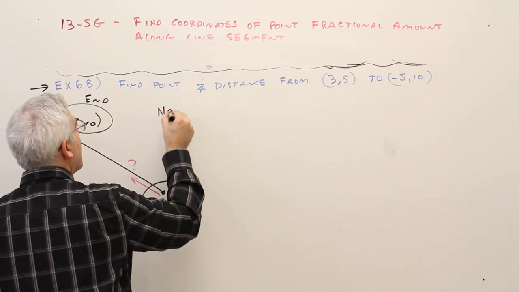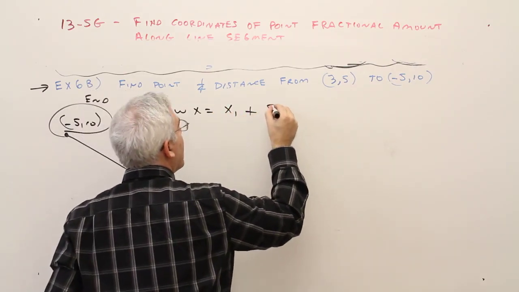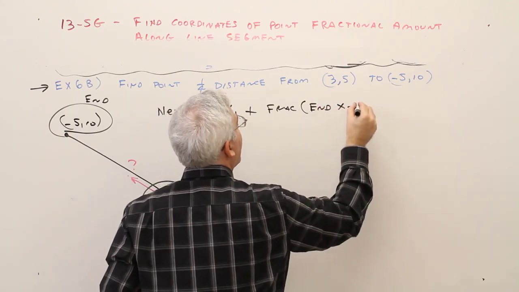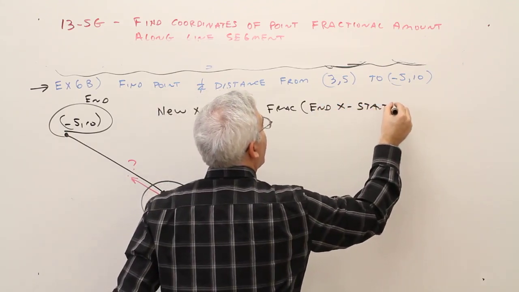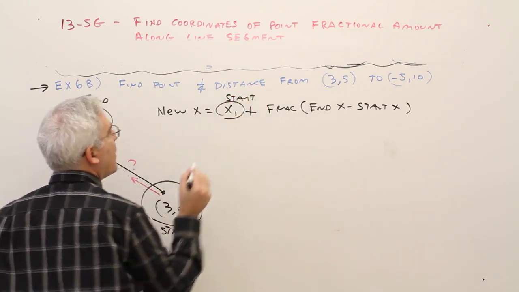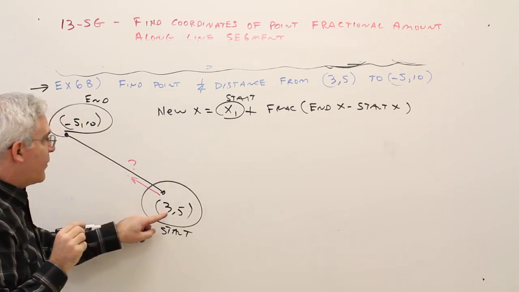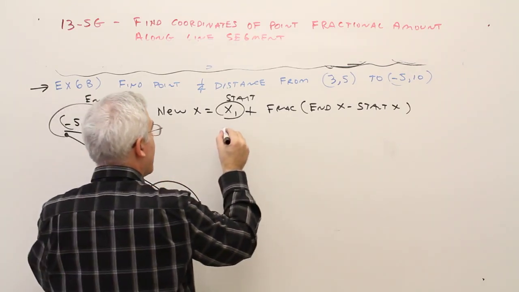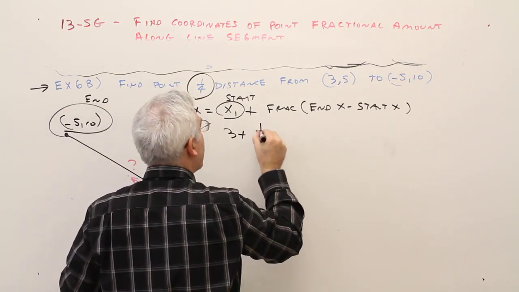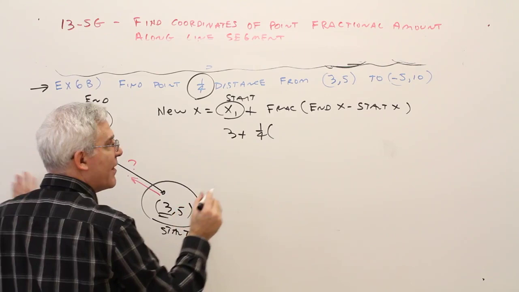So the new x equals x1 plus the fractional amount times end x minus start x. Again, this is my start. So I'll just use this picture. So my starting x is 3. My fractional amount is 1/4. My ending x is negative 5.